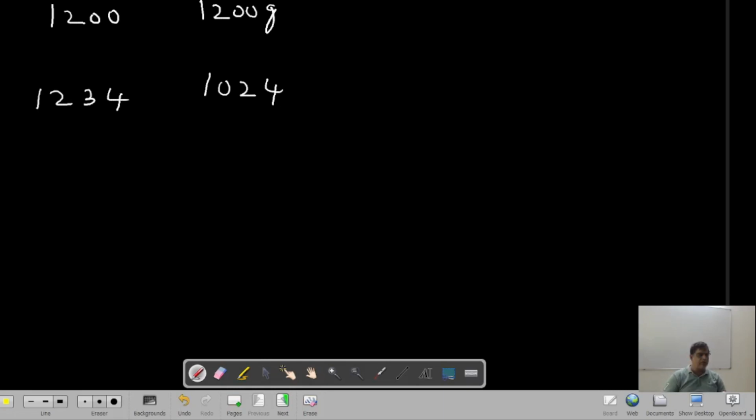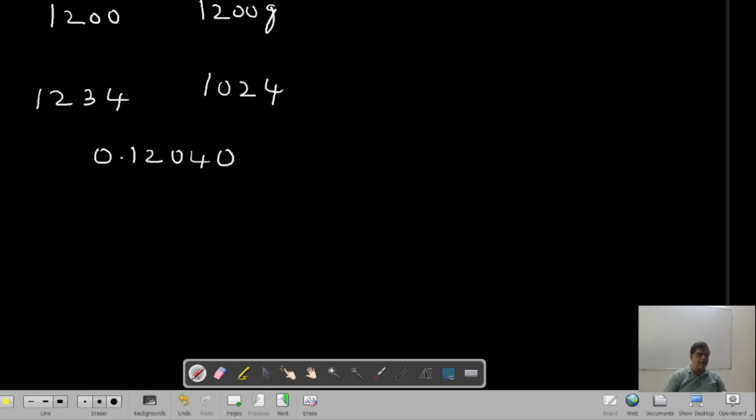So if you write 0.12040, here all the zeros are significant. So the total number of significant figures will be 1, 2, 3, 4, 5. The non-zero digits are always significant. Then the trailing zeros are also significant in the case of decimal numbers.